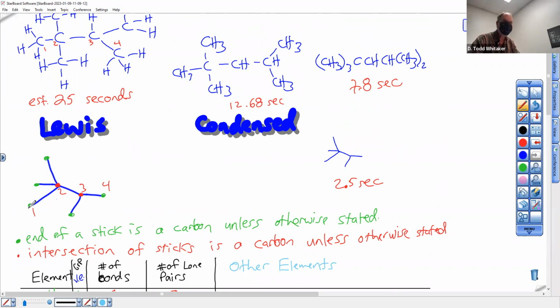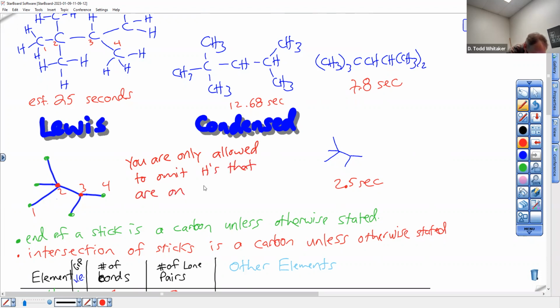What is the only element that is missing here that we have to figure out? What element? Hydrogen. You are only allowed to omit H's that are on carbon.